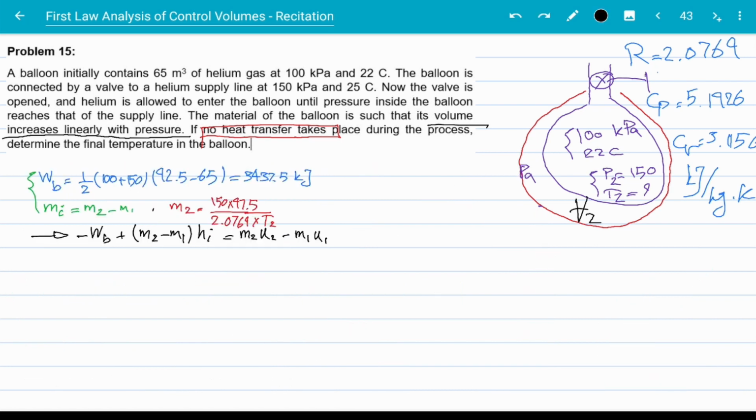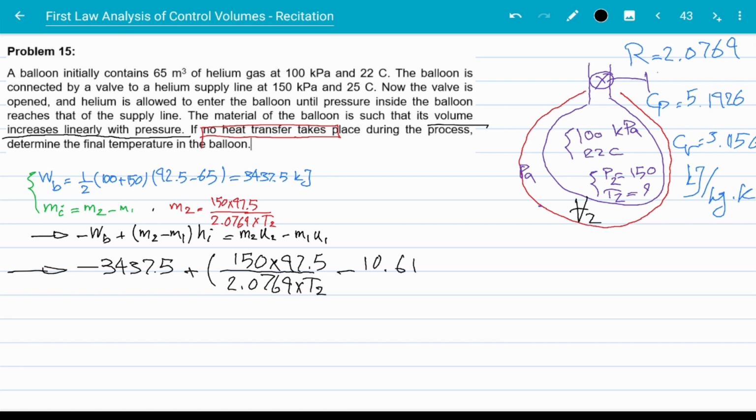Okay, so let's combine everything together. I cleared the calculation space and moved everything up here. Now, if I plug in numbers, I get minus 3,437.5 plus 150 times 97.5 over 2.0769 times T2 minus m1, which is 10.61.